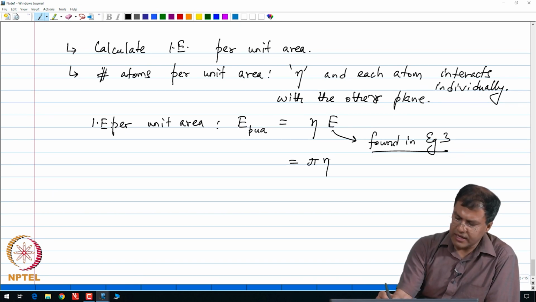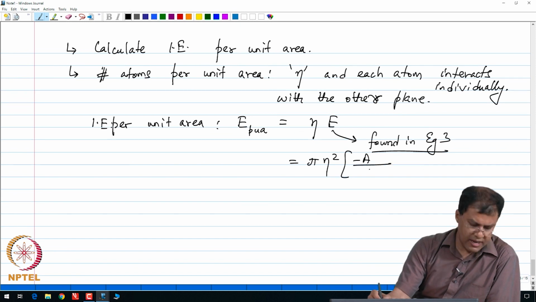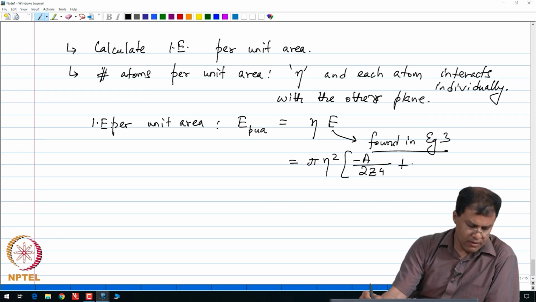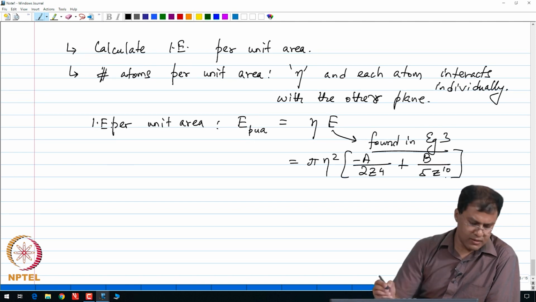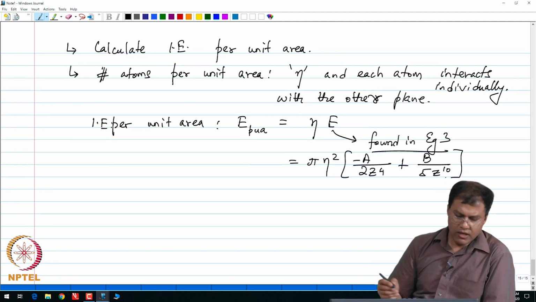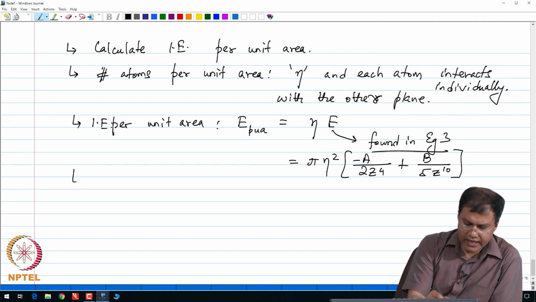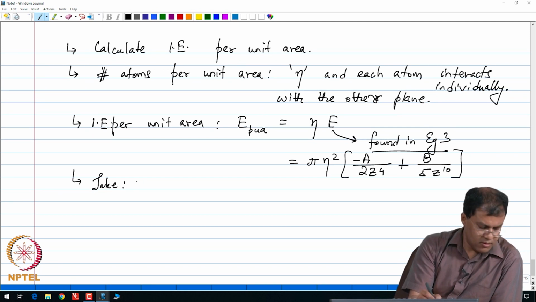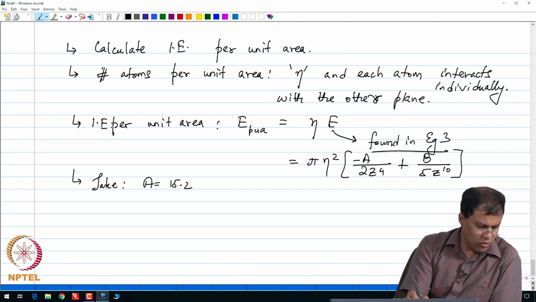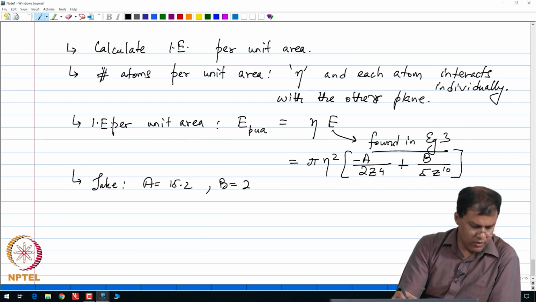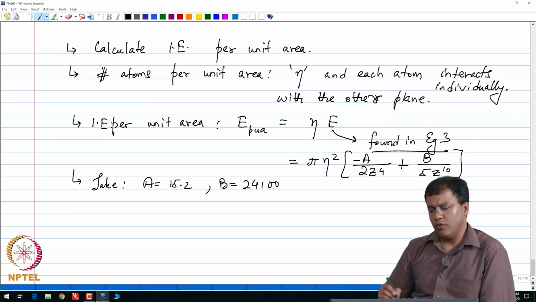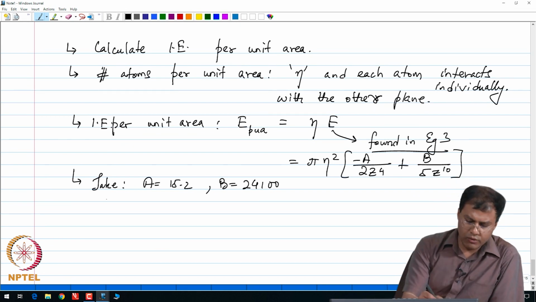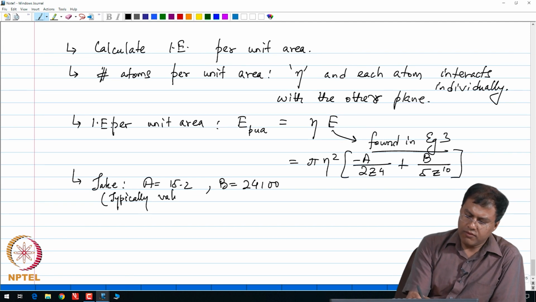So, this is pi eta square times minus A by 2 z to the power 4 plus B by 5 z to the power 10, right. Okay. So, we take A to be 15.2, B to be 24100. These are typical values of graphene sheet interaction.